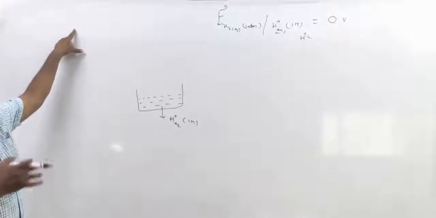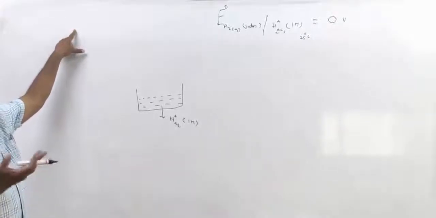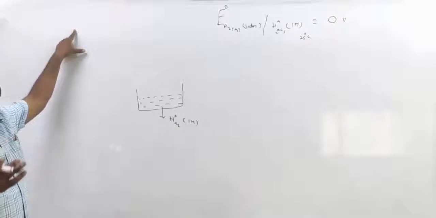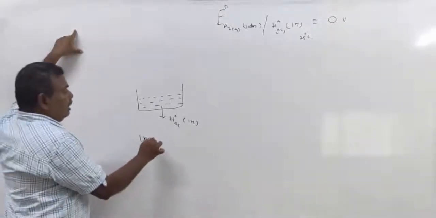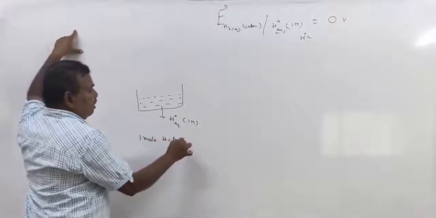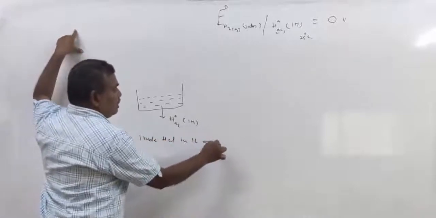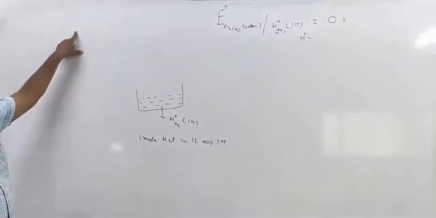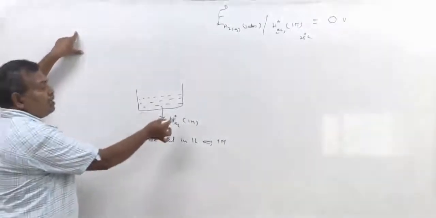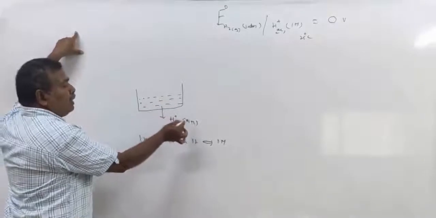So HCl is dissolved in 1 liter. How many moles? 1 mole. If 1 mole HCl is dissolved in 1 liter, concentration is said to be 1 molar. So now the concentration of H plus ions in the solution is 1 molar.